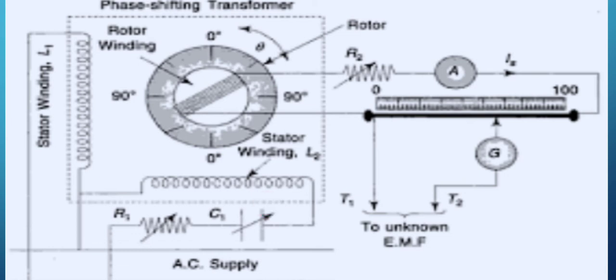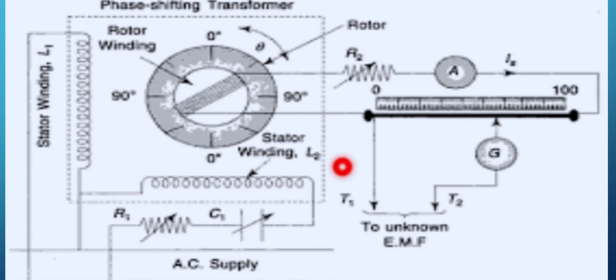One is at this position, where the unknown voltage is passed through these two terminals, and the position of the sliding contact is adjusted for zero deflection. Corresponding to the unknown voltage, whenever we have zero deflection of the galvanometer, the sliding contact position is the representation of the magnitude of the unknown voltage.